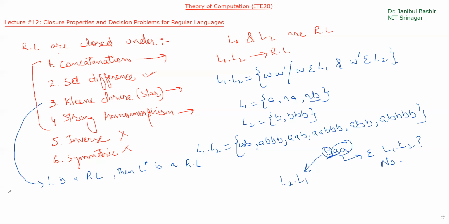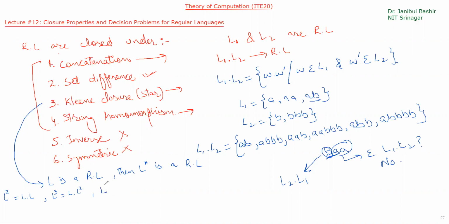Let's first take what is L0. Let me first make Ln, or we can say L square. L square means concatenating L two times. L cube means concatenating L and L square.